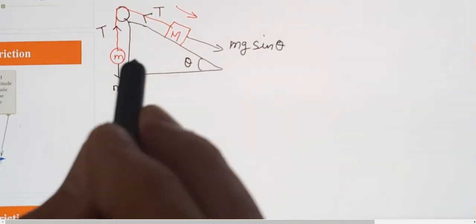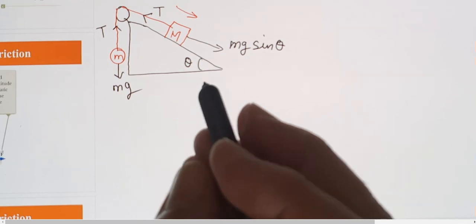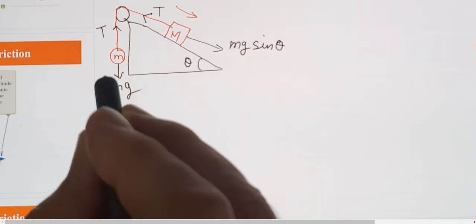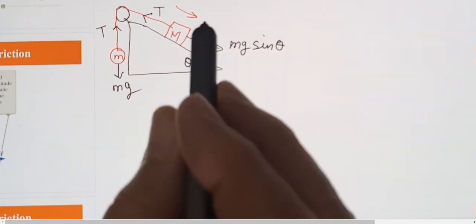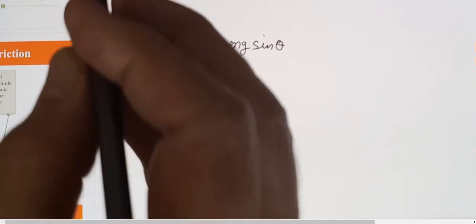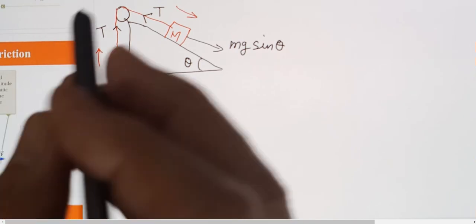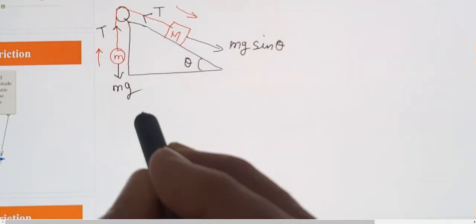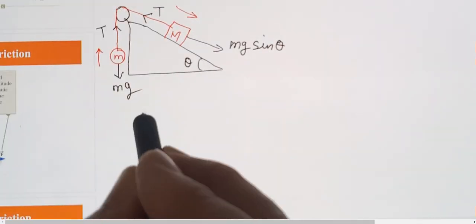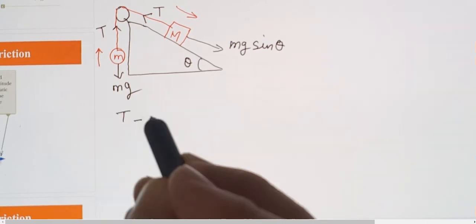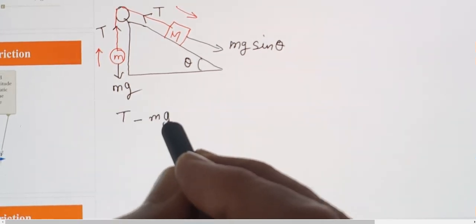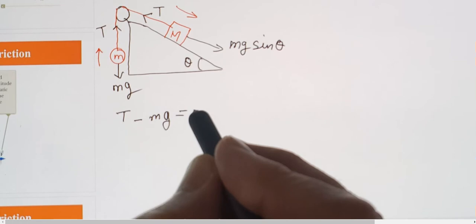Let's look at the equations we have. For the first equation, the object is moving in this direction, so the small m will move upward. So the first equation will be T minus small mg is equal to small ma.